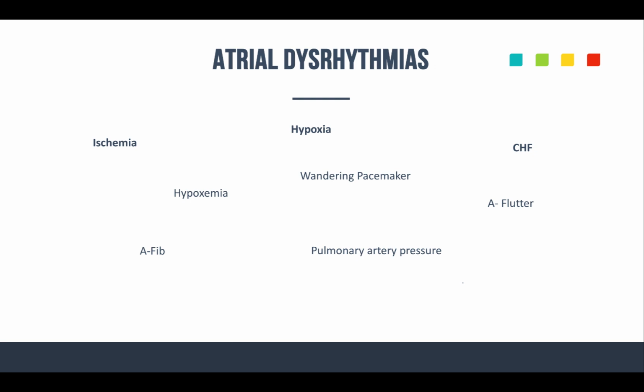And what type of dysrhythmia might you see if your patient does have CHF, if your patient is hypoxic? So this is the type of stuff, guys, when we assess our patients and read exam questions, that we have to think about the entire patient, not just the monitor, not just what a dysrhythmia might look like, but maybe what the cause of it is, what's causing that cardiovascular emergency.